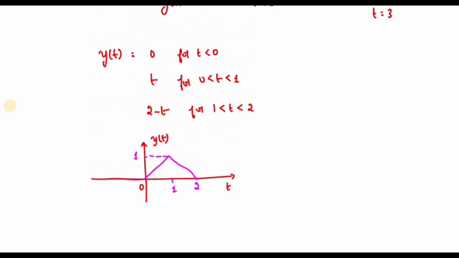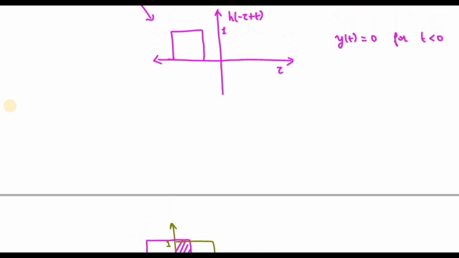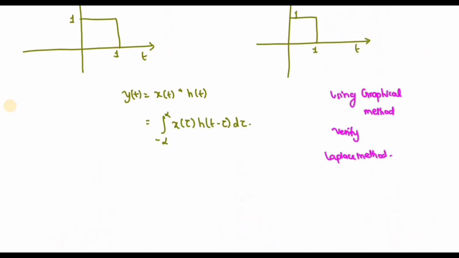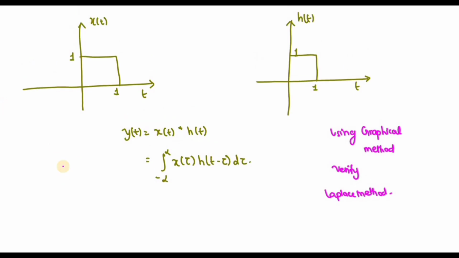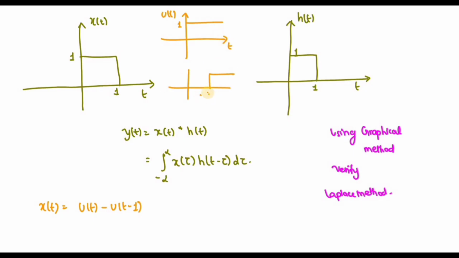So they have given the x of t. Let us verify it with the help of Laplace transform. So to find the Laplace transform of this one, we know that x of t is equal to u of t minus u of t minus 1, right? Since u of t looks like this, this is my u of t, and this is nothing but u of t minus 1, right?